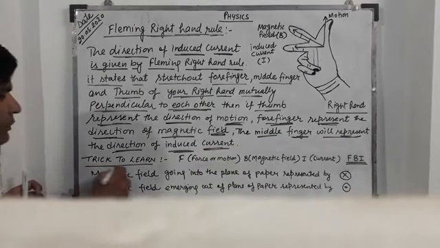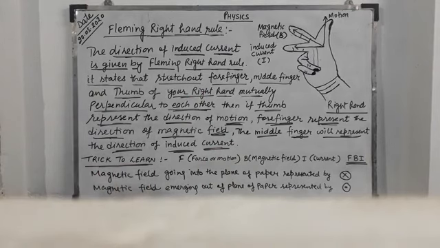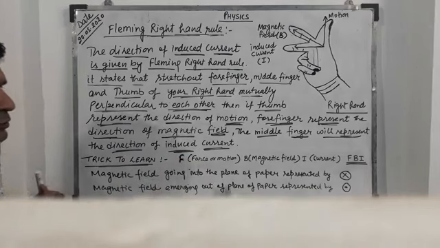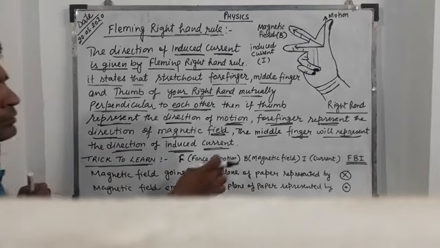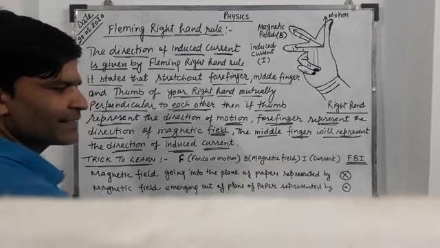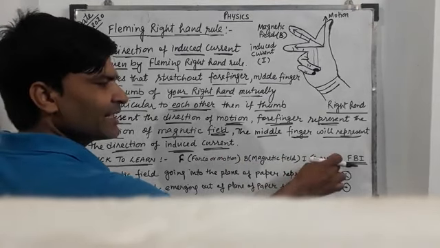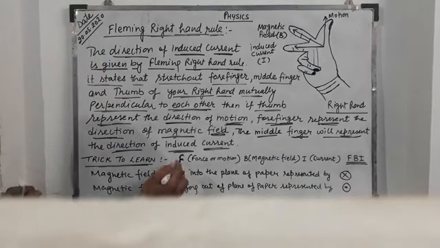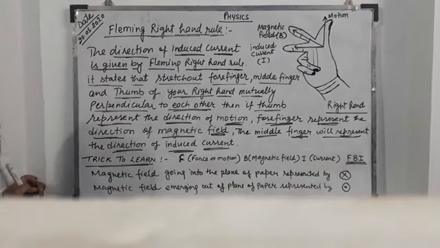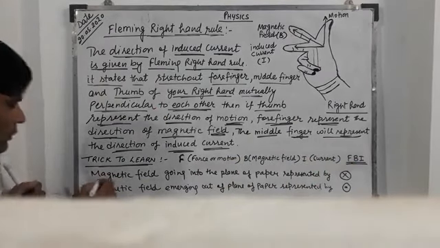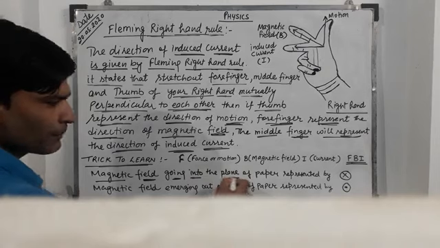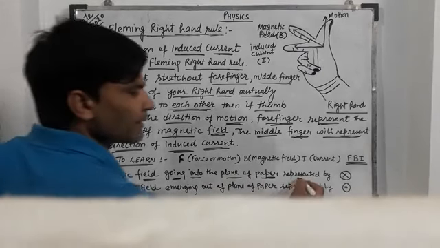The trick to learn Fleming's right hand rule is: F means force or motion, because the motion is in the direction of force, B is magnetic field and I is induced current. So FBI, this is FBI.